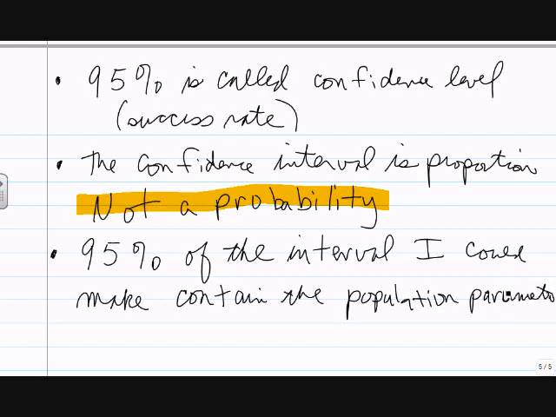Not 95% of the population falls into this interval. 95% of the intervals contain the population parameter.